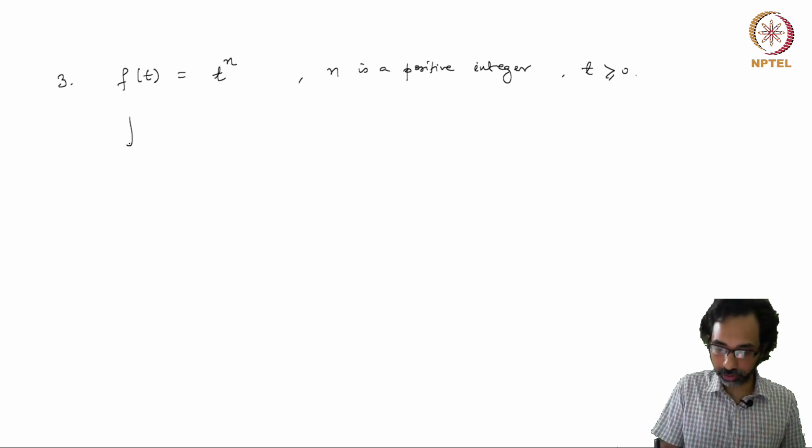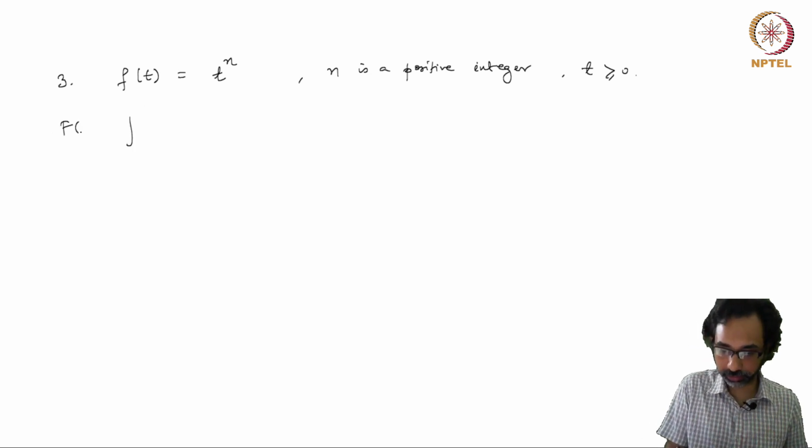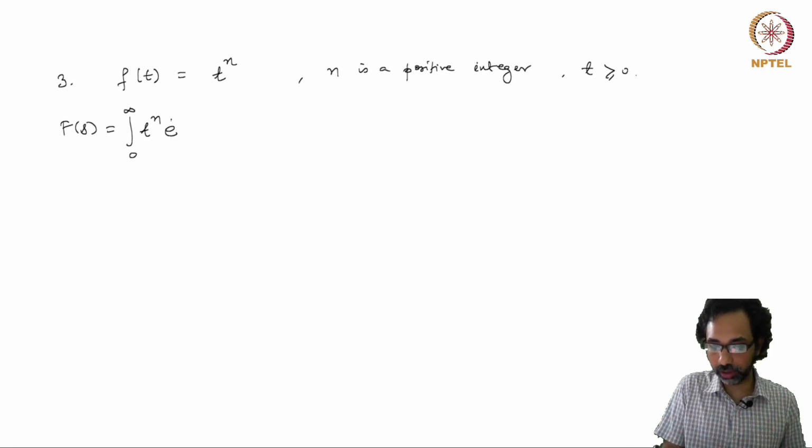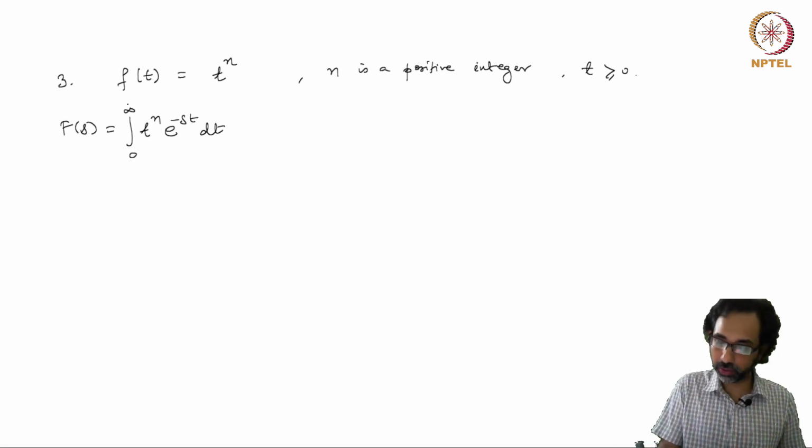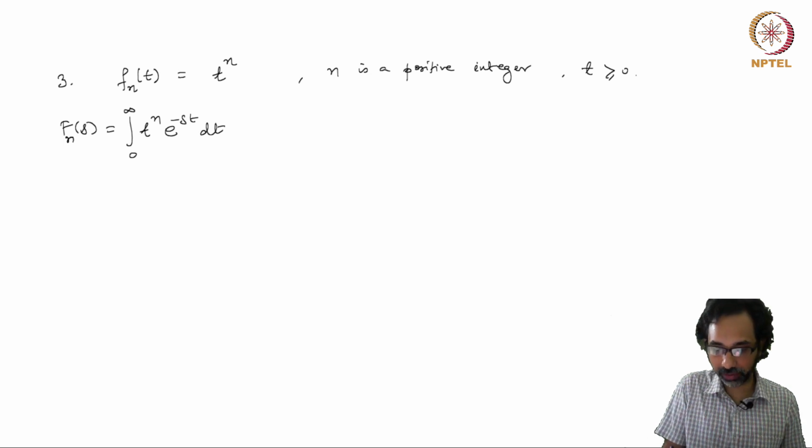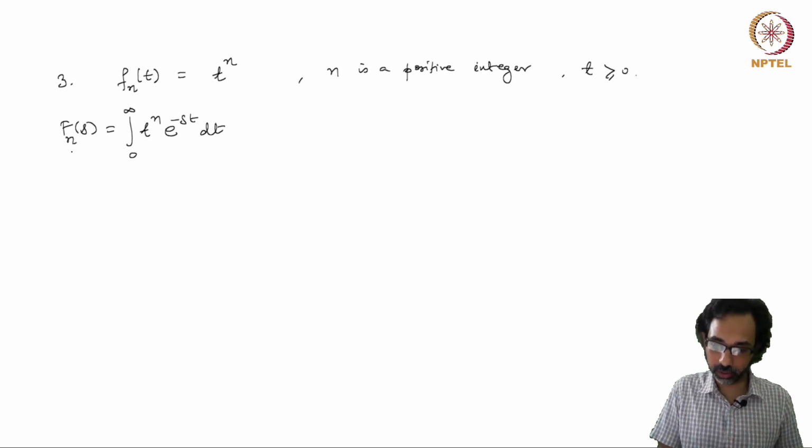Now let's try to compute this Laplace transform F(s). So again, 0 to infinity, t to the n, e to the minus st dt. Now, for notational purposes, let me write this as f_n(t) and capital F_n(s). Okay, so to keep track of this exponent n, I'm writing it as F_n of s.